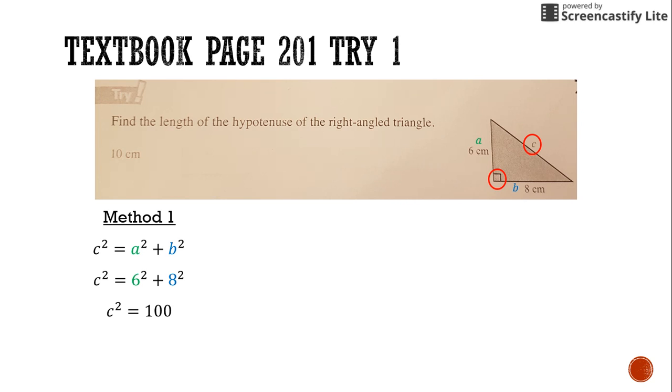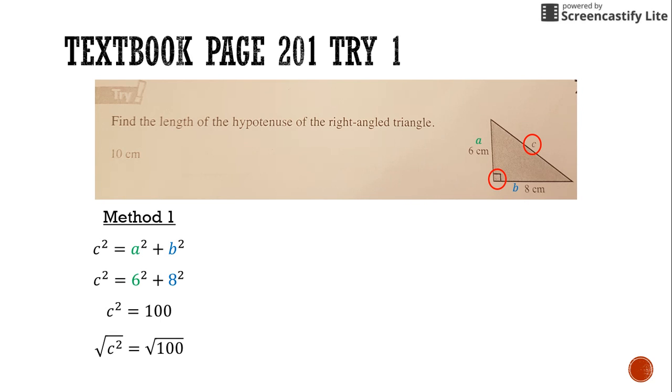Now, are we interested in finding c squared? Well, no, because the question asks for the length of the hypotenuse, which is your c. Therefore, we do not want c squared, we only want c. So to obtain c from c squared, we have to square root both sides.